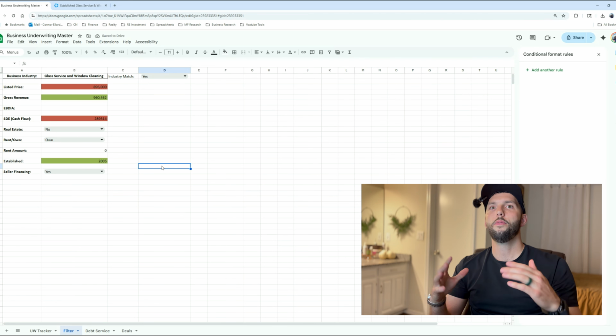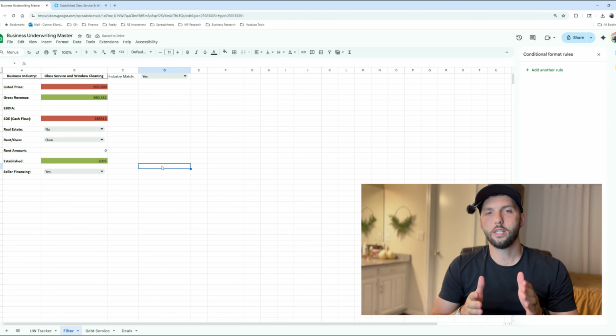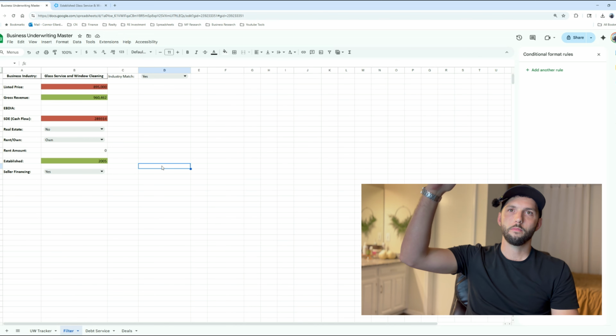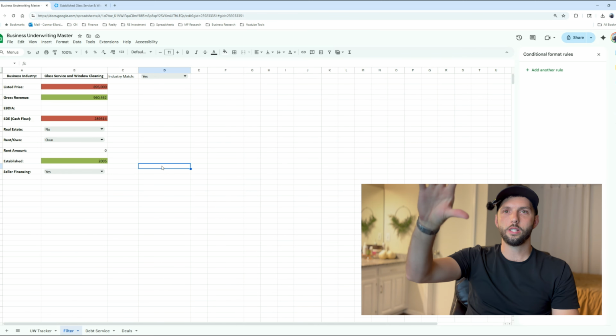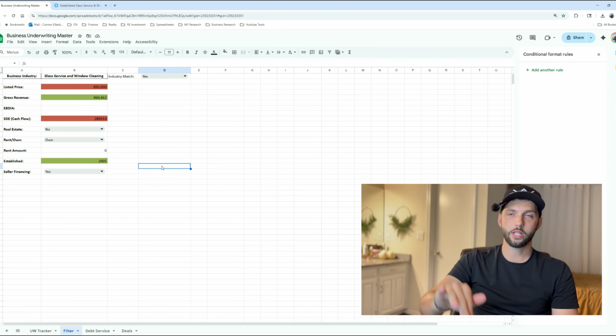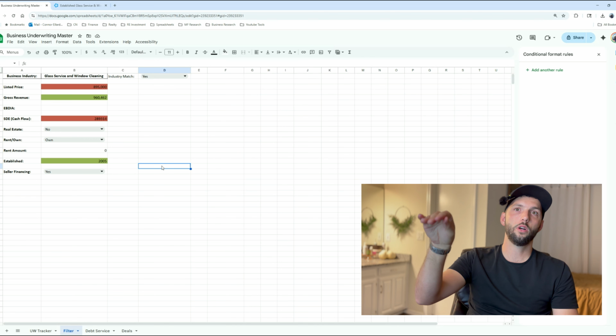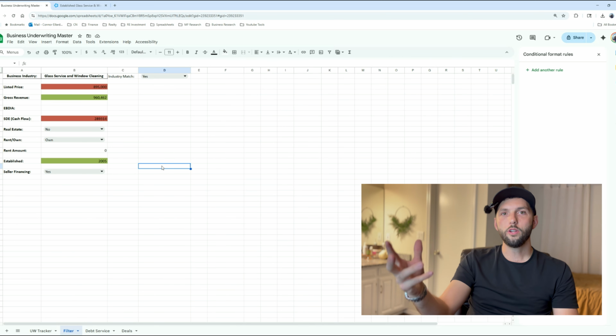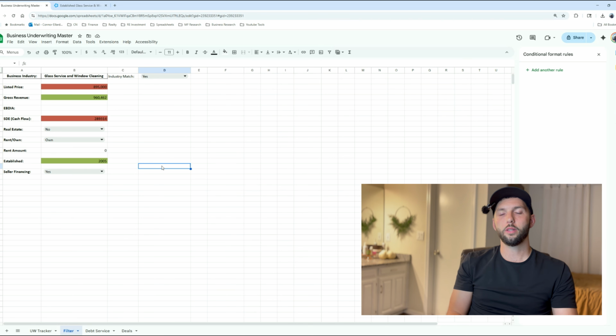So this first page, this filter page, is simply to say, does this even meet the criteria, just at a very high level, to move on to the next? Right now, the metrics I have in here, it's saying no. The list price is not great enough, which should actually not even be in there. But the SDE, the cash flow, that's a big metric. Revenue is revenue. You'll hear people say, I have a $2 million business.